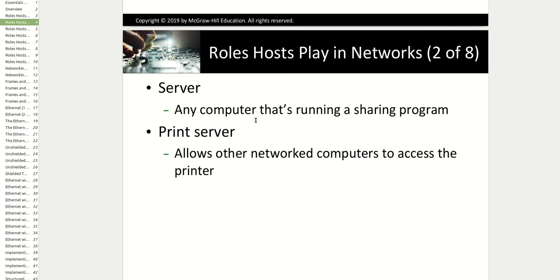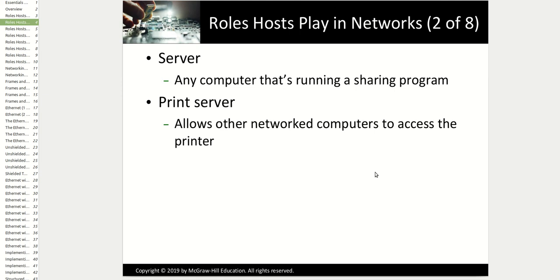And you can share different things in computers, any kind of content that you would need to access. So it could be programs, video content, things like that. And of course, you have print servers that could give different users and groups access to certain printers.